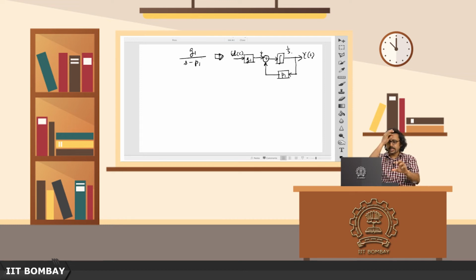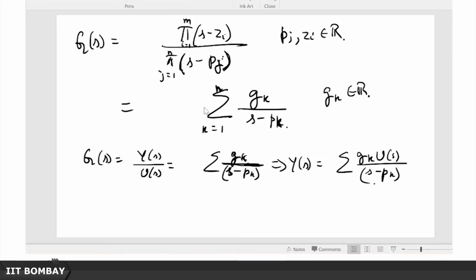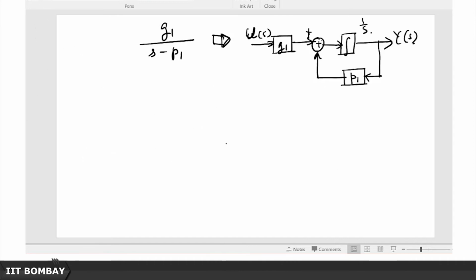What if, instead of placing that bank of integrators in cascade like we had done earlier, I put them in parallel? If you have a transfer function expressible in this form, let me put the integrators in parallel like this, and then pull this out from here.